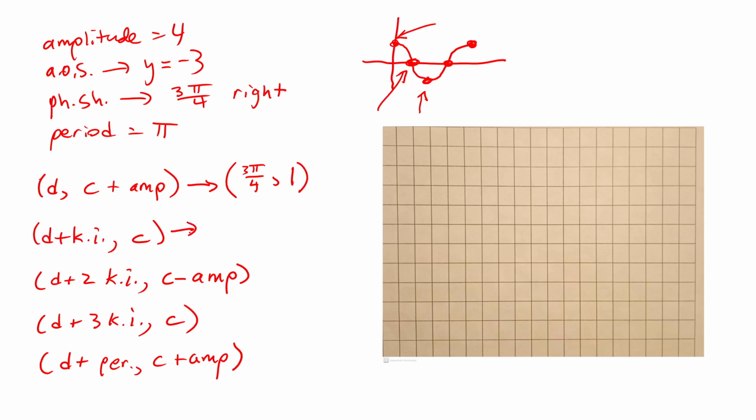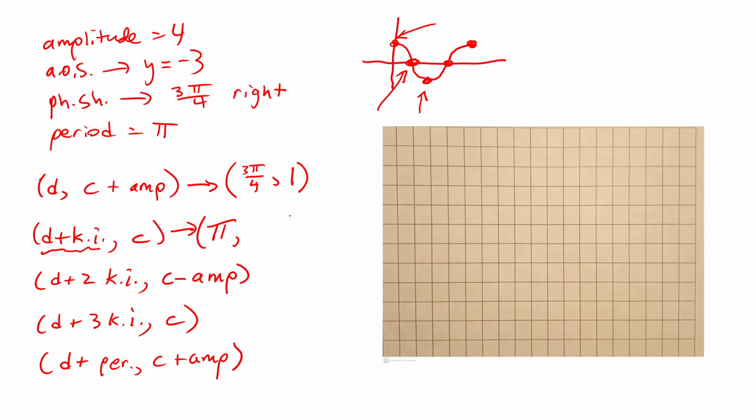Now, the second point has an x-coordinate equal to 3 pi over 4, which is d, plus a key interval. Well, you'll recall from the last slide that the key interval is the period over 4, which is pi over 4. So d plus a key interval is 3 pi over 4 plus pi over 4. So our x-coordinate will be 4 pi over 4. We're just going to call that pi.